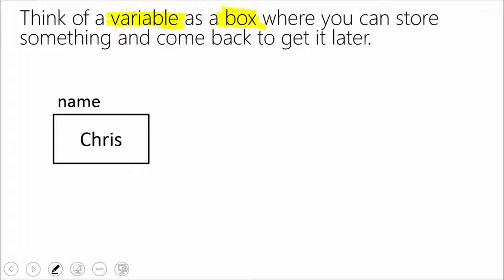What's a box? It's a container. It's something that I can put something else into. I can store something into it so that I can come back and get back to it later. So whatever it is that you're looking to store to use later, that's exactly what a variable is going to allow you to do.